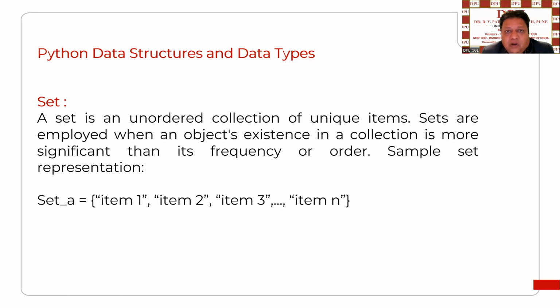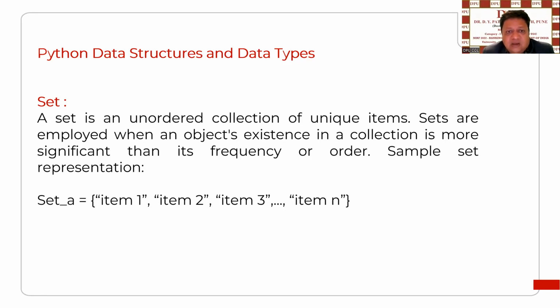So if you are not concerned about the order of the items, but you are concerned about the items which should not be repeated, which should not be duplicated, then definitely we'll go for using this set. So depending on the application of your program, the need of your program, we can define different data structures.